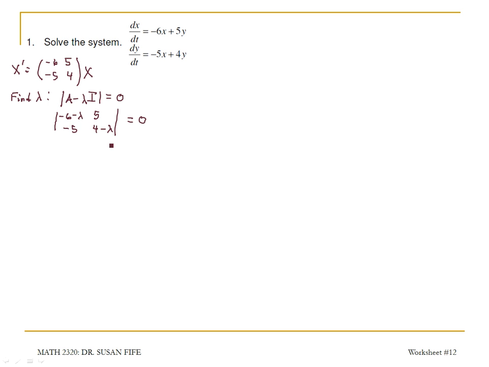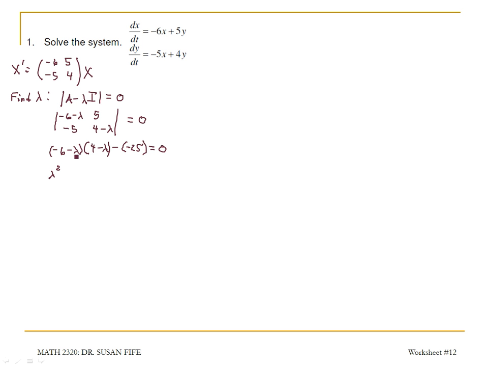If I take the determinant by multiplying the diagonals, I'm going to get -6 minus lambda times 4 minus lambda, and then minus 5 times -5, which is minus a -25. And then simplifying, here I get lambda squared.